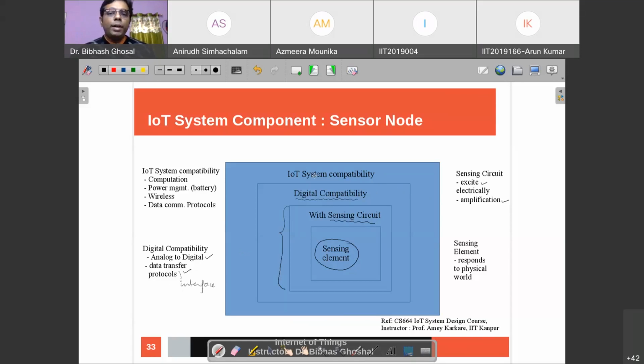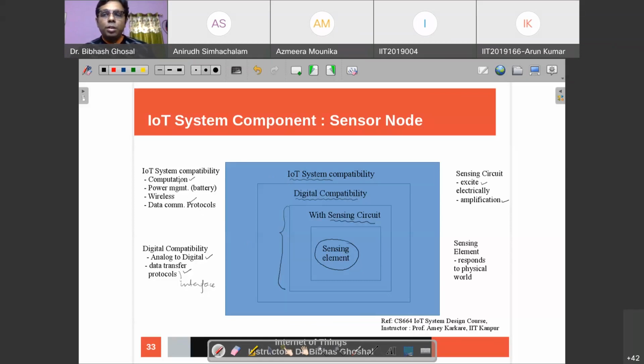Finally, you have the IoT system compatibility sitting right at the periphery. Here you talk about, well, am I going to keep the computation along with the sensor, or am I going to keep the computing unit as a separate unit? If it is going to be a separate unit, then I have to link the two. If I have to link the two, that means I have to send the data. There will be some communication involved. What kind of communication am I going to use? What kind of computation will that processing unit do?